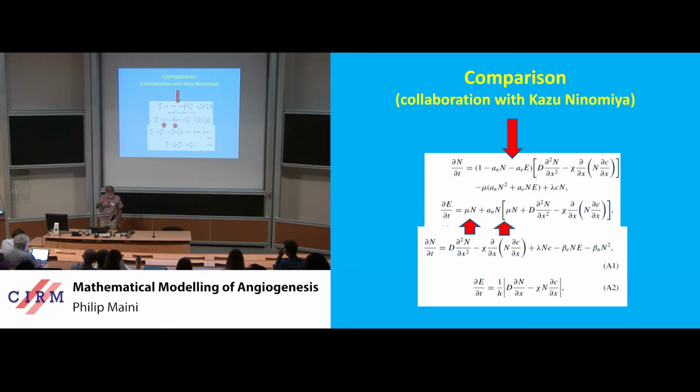But notice, there is the possibility that that term could be negative. So you could get a negative diffusion coming in, which is not something that we thought would come out of this.